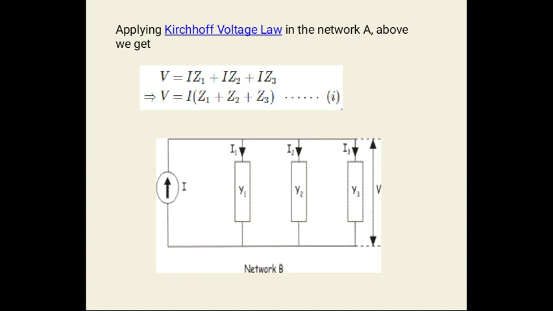Now network B. In network B, there is a current source of I ampere and 3 branches consisting of admittances Y1, Y2, Y3 and their respective currents are I1, I2, I3.